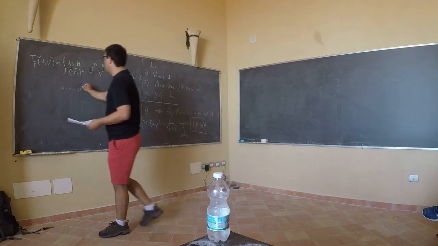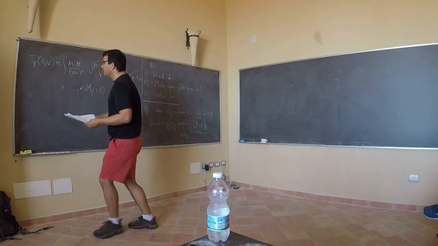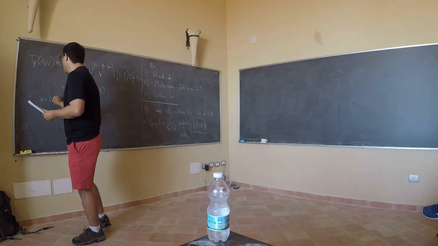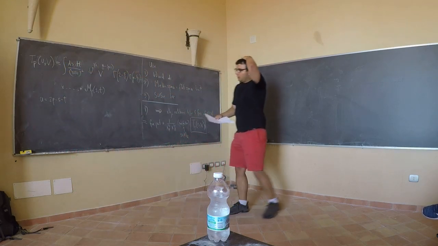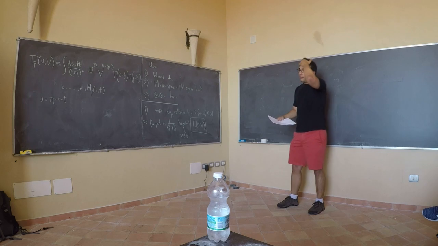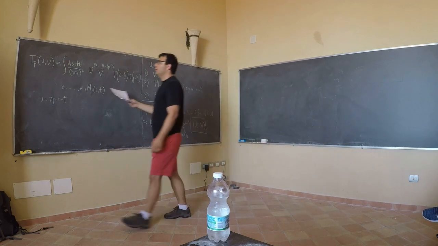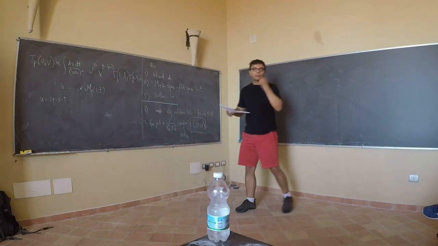And then there's the Mellin amplitude, which is a function of S and T, where little u is 2p minus S minus T by definition. So instead of having a function of u and v, we can have a function of S and T, and we can go between the two using formulas like this.